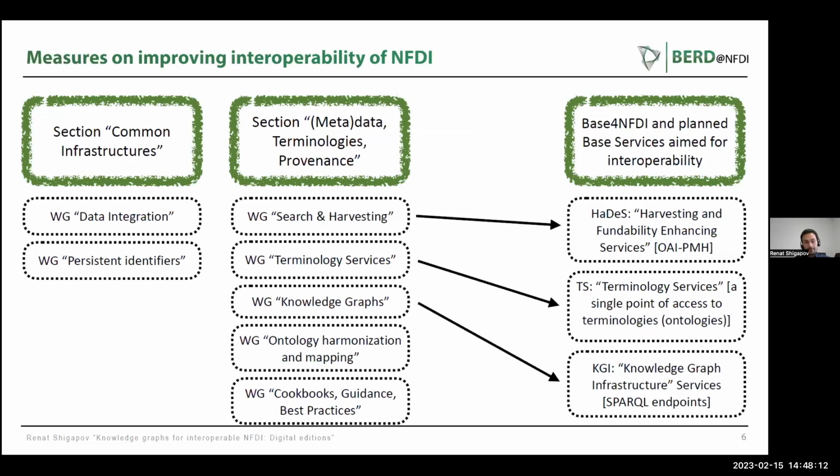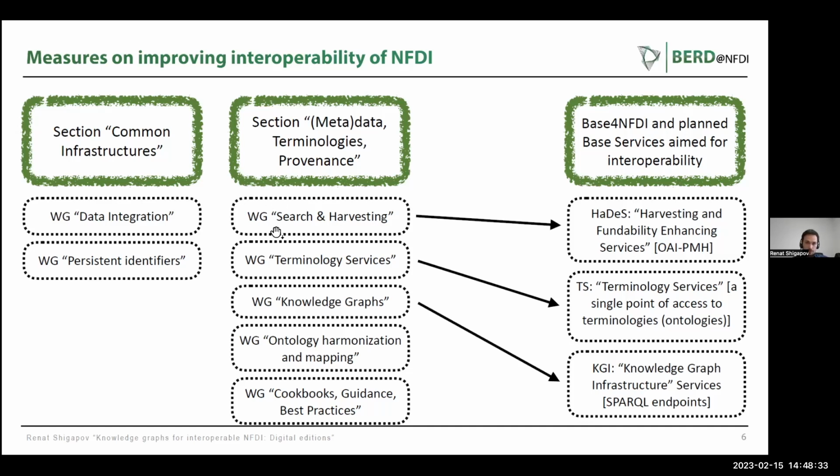And what are the measures for improving interoperability of NFDI? There are a lot of them, actually, and they have existed from the beginning of NFDI. For example, there are two technical sections: common infrastructures and metadata, terminologies, provenance.